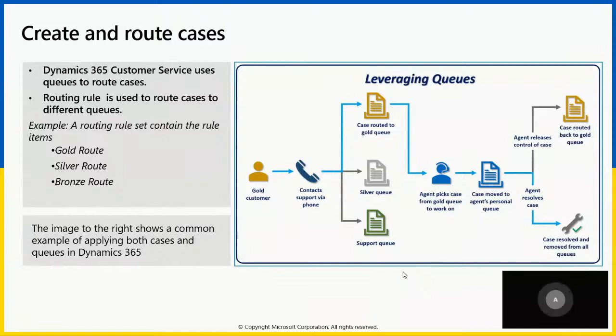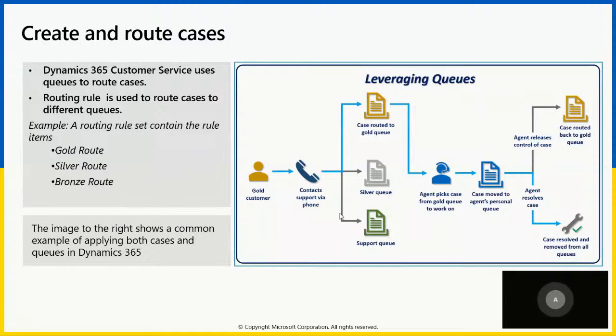Like I mentioned earlier, when you have some critical issues and some low priority issues, you can differentiate the handling into two by saying we have two types of queues: the critical queue and the lower priority queue. Now, if a case is created, how do you differentiate? How do you say this is a critical issue and needs to be routed to the critical queue? How do you say this is a lower priority case and needs to be routed to the lower priority queue?